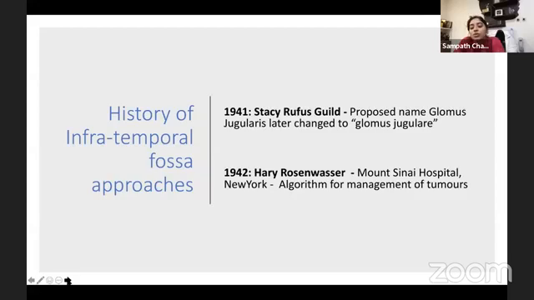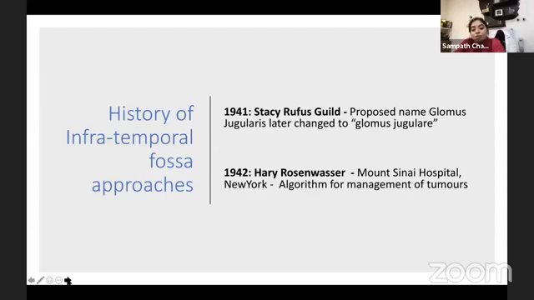He also noticed that the blood supply was from the anterior tympanic branch of the ascending pharyngeal artery, and saw that this was arising from the glomus jugulare. He named this structure glomus jugularis, which was changed to glomus jugulare because there was a Latin word mistake in jugularis. So they changed it to glomus jugulare.